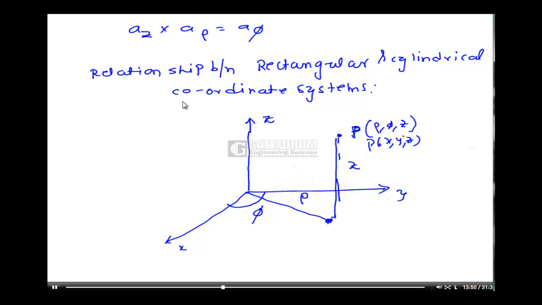Then how can I relate them? You can easily relate like this. If you draw, this is y, this is x, and this is z similarly. So y is rho sin phi, and x is rho cos phi.